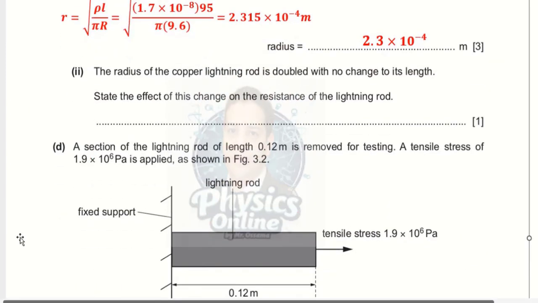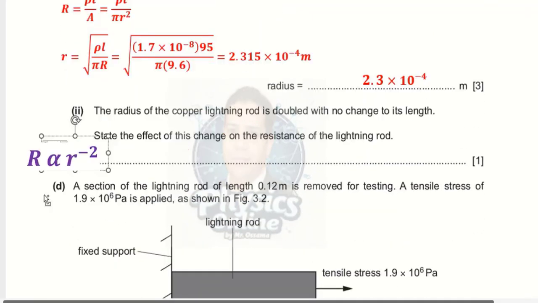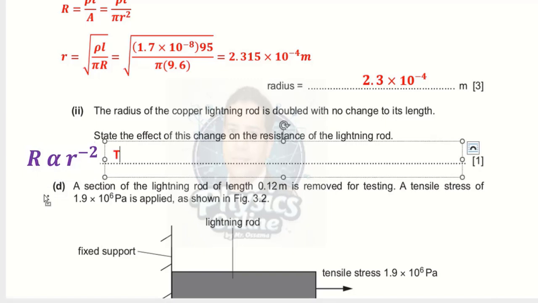The radius of the copper lightning rod is doubled with no change to its length. State the effect of the change on the resistance of the lightning rod. From the equation, R is proportional to 1 over r squared.